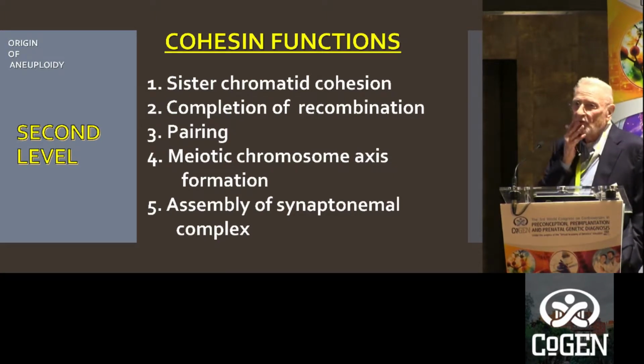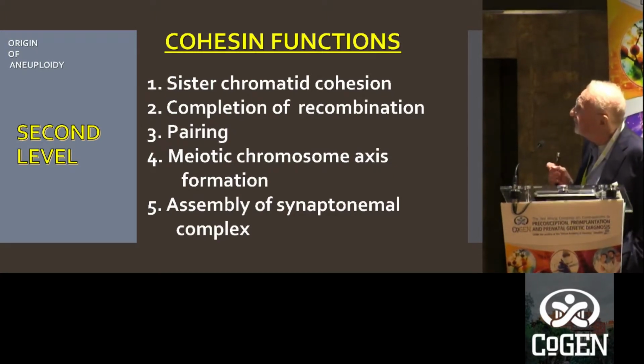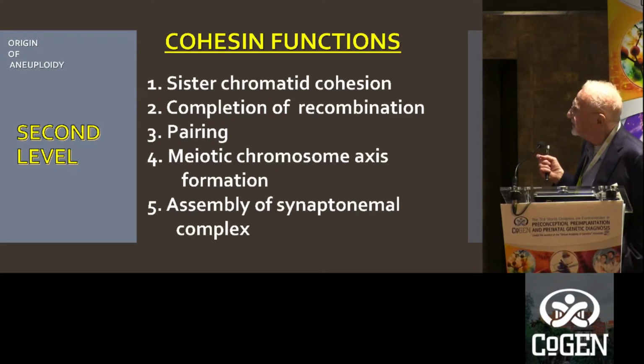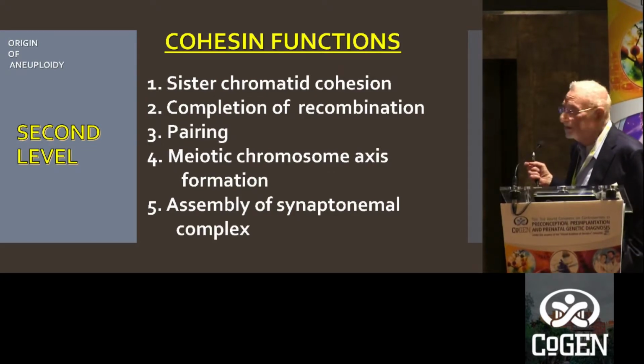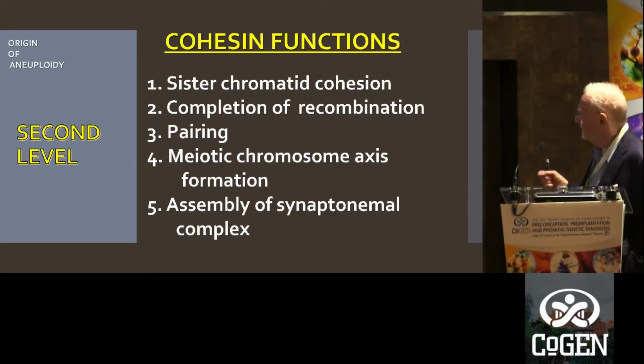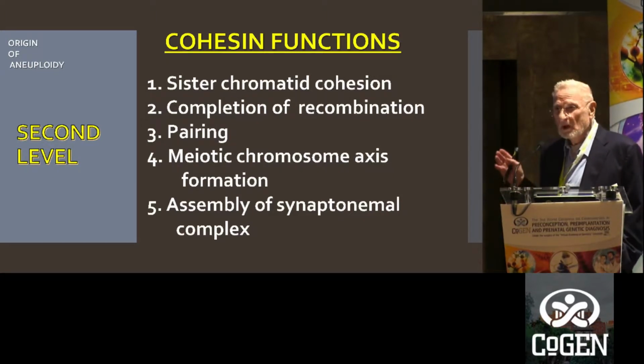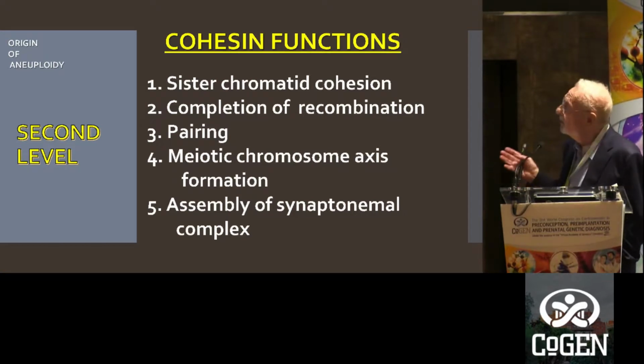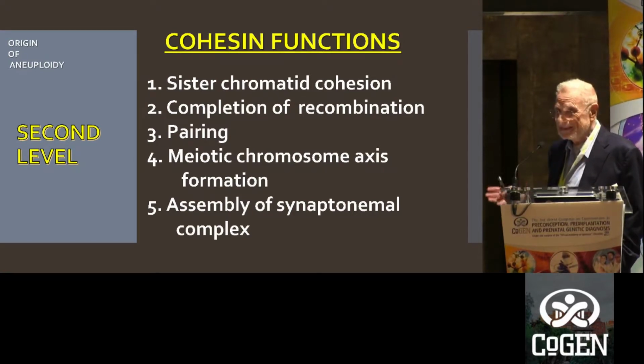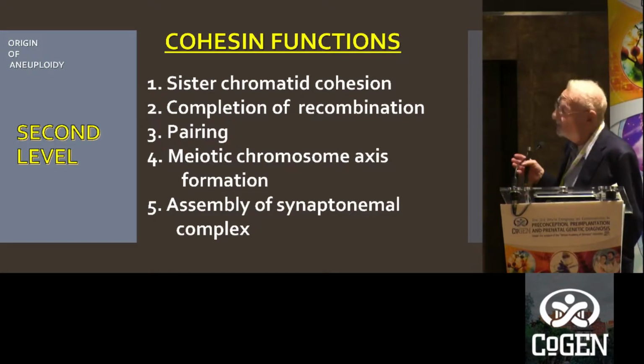I'm listing for a particular purpose the different functions of cohesion. First of all, I've indicated that they maintain a connection between sister chromatids. They are involved in recombination, in the pairing of chromosomes, in the assembly of the synaptonemal complex, the complex that leads to crossing over. So we have apparently attributed a whole series of very distinct functions to this cohesion.